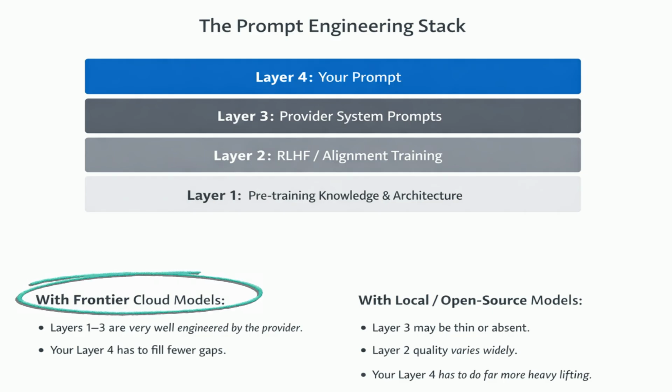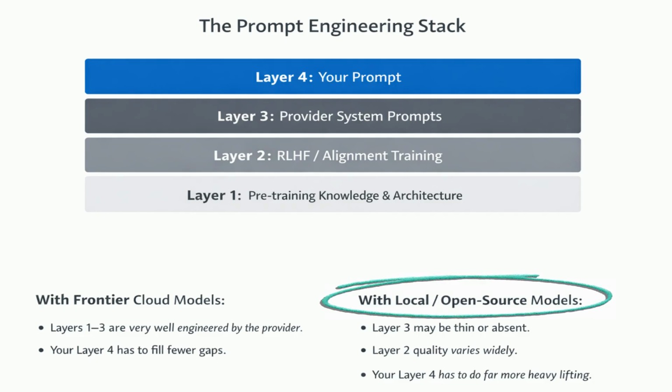Now, when you're using a language model from a provider in a browser, for example, again, ChatGPT or Claude or Gemini or Grok, layers 1 to 3 are very well engineered by the provider. Your layer 4 has to fill fewer gaps. But with a local or open source model, or when you're working with APIs or fine-tuned models, layer 3 might be thin or even absent.